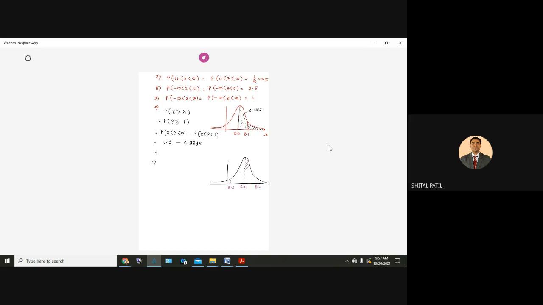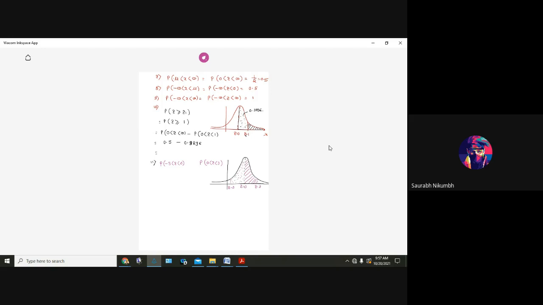So this is one area and this is another area. Two different probabilities are there: one from -3 up to 0 and the other from 0 to 3. Can anyone tell me what is the relation between these two areas?